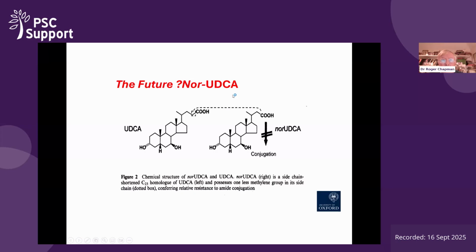They found that about 15% of the patients on Norurso actually improved their liver function tests, and their liver biopsies did not worsen over a 3-year period, whereas a much higher percentage of patients who didn't have treatment developed higher liver function tests and also had worsening scarring in their liver. So it does appear to be a useful drug. I think it will find a place in treatment if it's cheap enough. It depends how expensive it is.